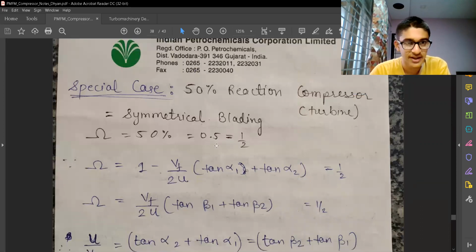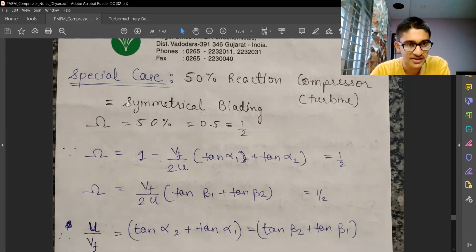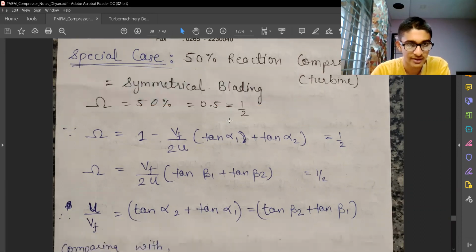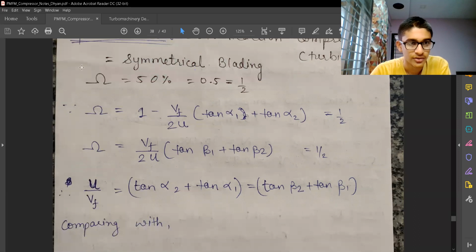And we have one special case, and these are very practical things. Generally, we have a 50% reaction turbine or compressor, and this will result in symmetrical blading, as we are going to see over here. So we know that the degree of reaction is 50%, and we have one of the expressions over there, which says the degree of reaction is this, and that should be equal to half.